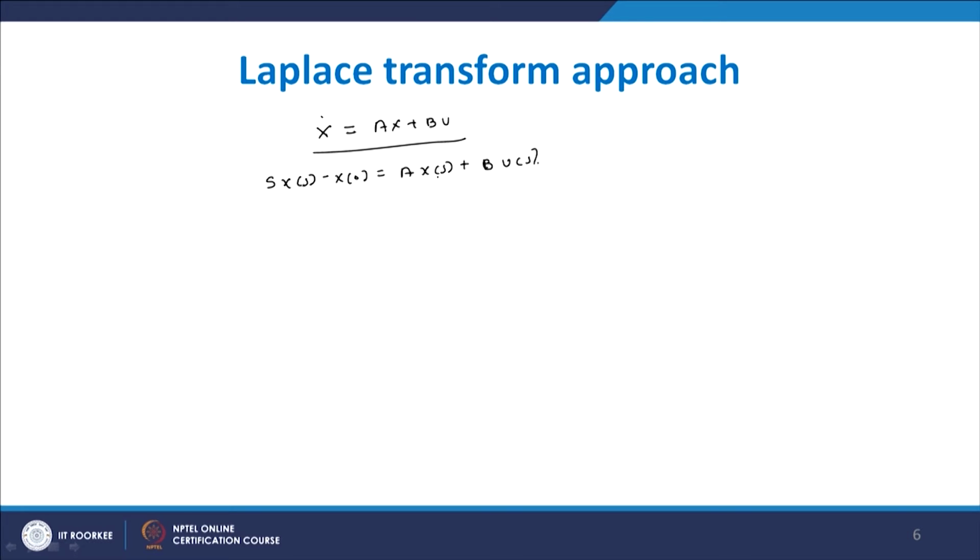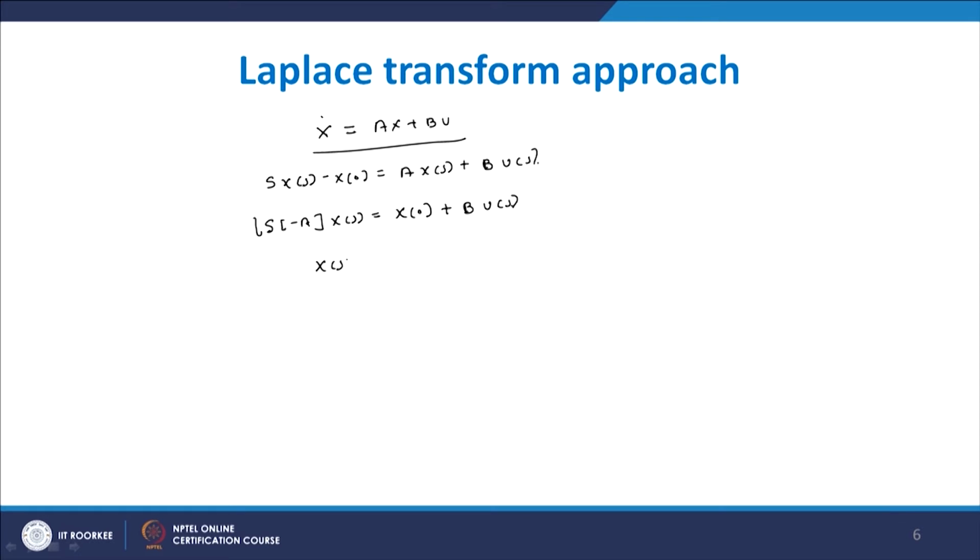Now, we can take x of s on left hand side and then we can get the equation as (si minus a) into x of s equal to x naught plus b into u of s.